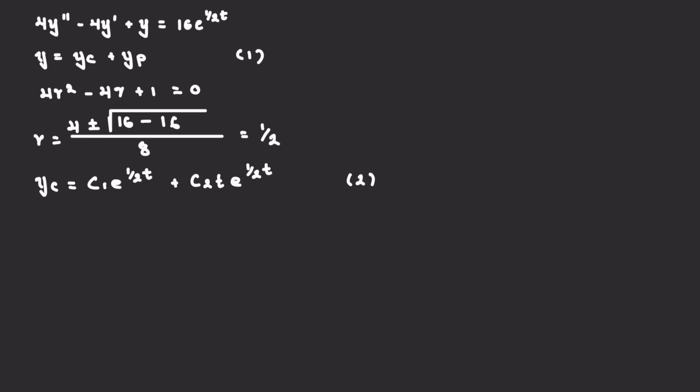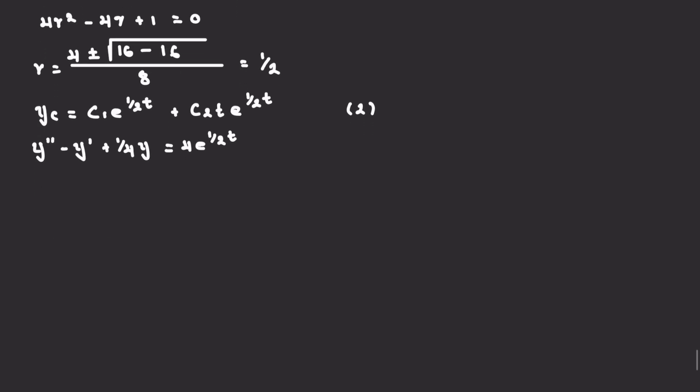So dividing it by 4, we get here y double prime minus y prime plus 1 over 4 y is equal to 4e to the 1 over 2t. And so we're going to use these equations to solve for the non-homogeneous part.